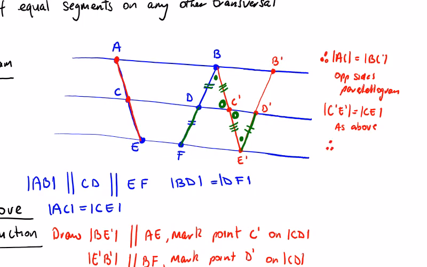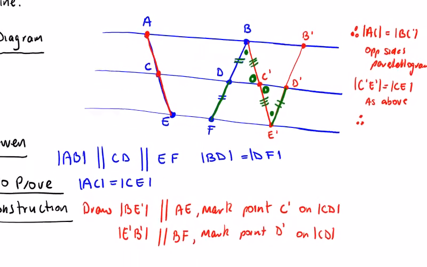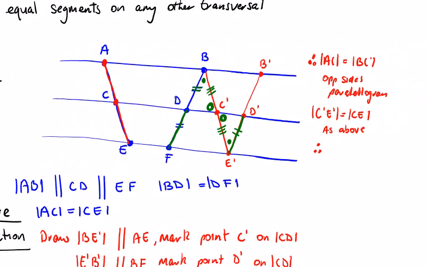Therefore, if you look at what we're trying to prove here, AC is equal to CE, and we can now say that because C prime E prime is equal to BC prime. So that just finishes it off. AC is equal to CE. That's that proof complete.